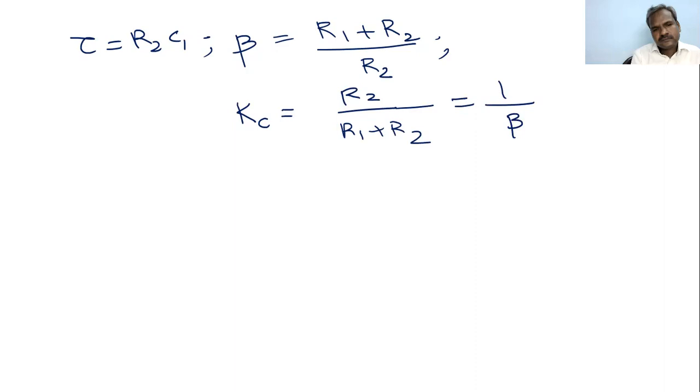So Kc equals 1 by beta. Understand? So this is the transfer function of a lag compensator.